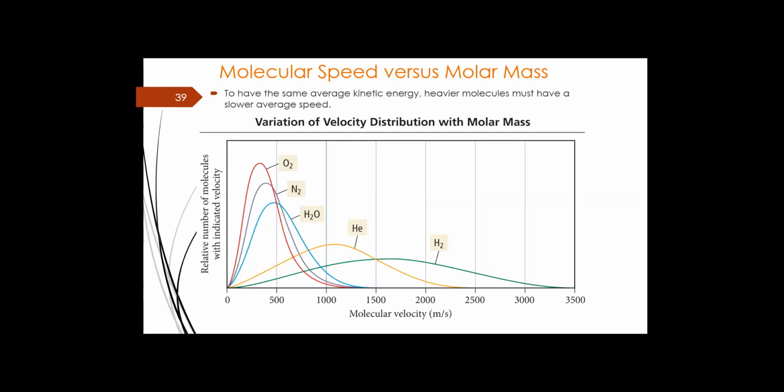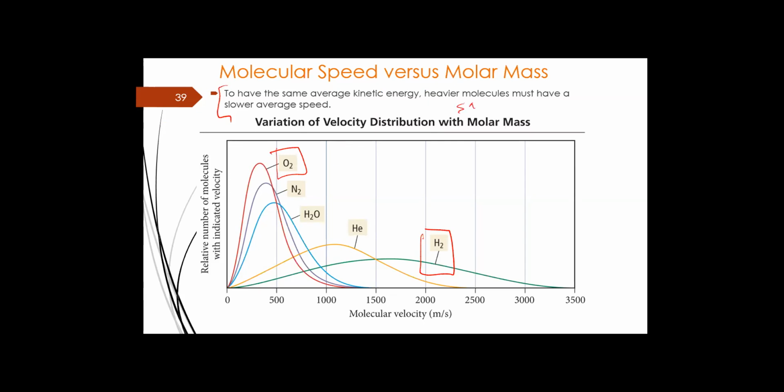So our hydrogen, which has the lowest molar mass, on average moves faster than all of the other particles, because if they have the same temperature, they have the same average kinetic energy, and its mass allows it to move much faster to carry that same amount of energy. So hydrogen goes much faster compared to things like helium, and then oxygen, which has the highest molar mass, comes at the end.